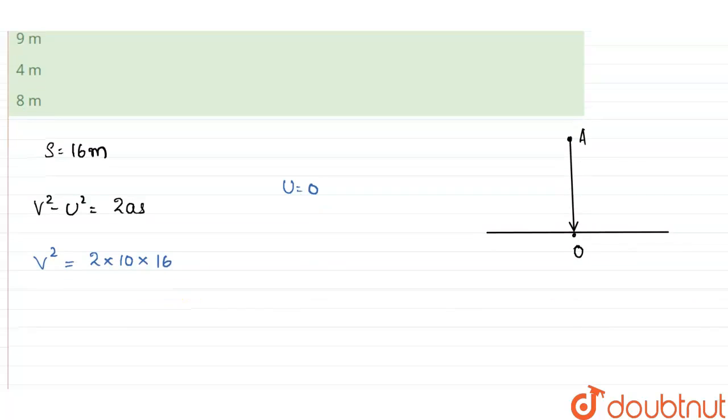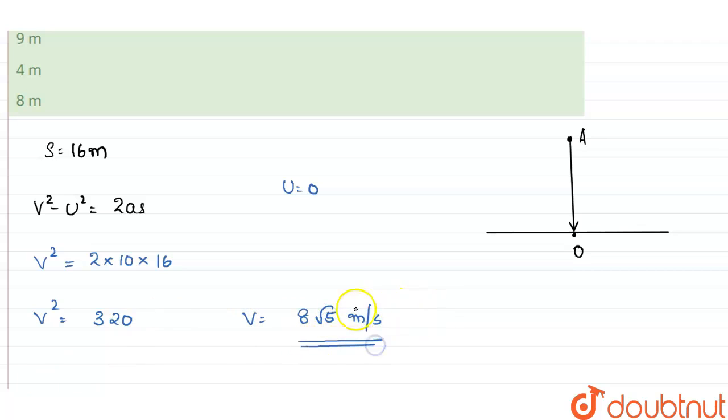So v square is equal to 20 into 16, that is equal to 320, or v is equal to 8 root 5 meter per second. So this is the velocity of the body just before it hits the ground.